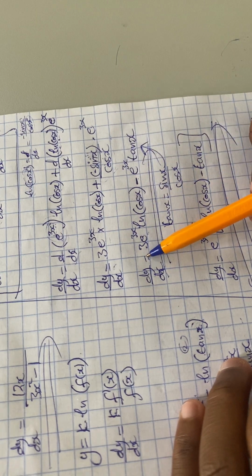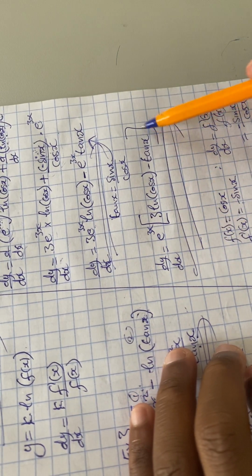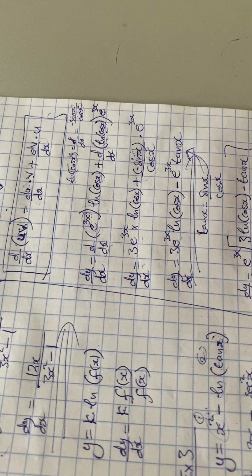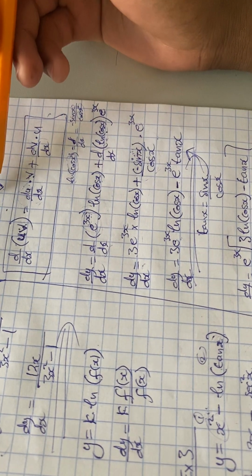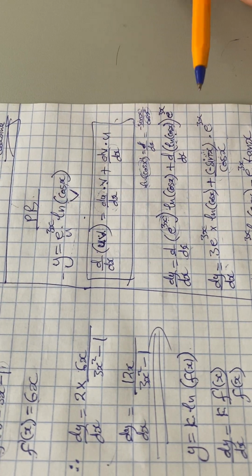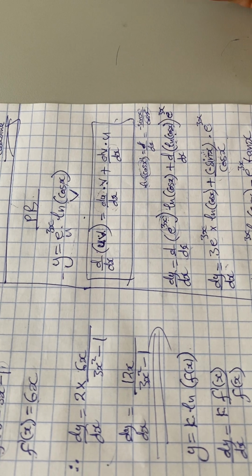So I just factored that out to get this expression. So this is our final answer. We just applied the product rule on an equation where we had the exponential and the logarithmic function.